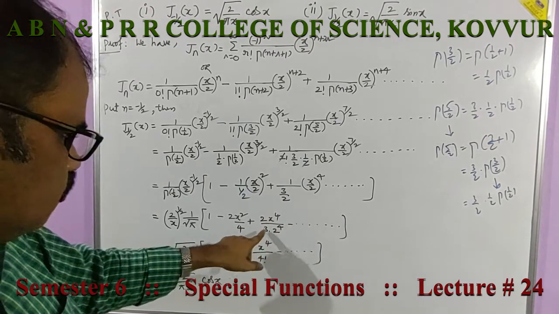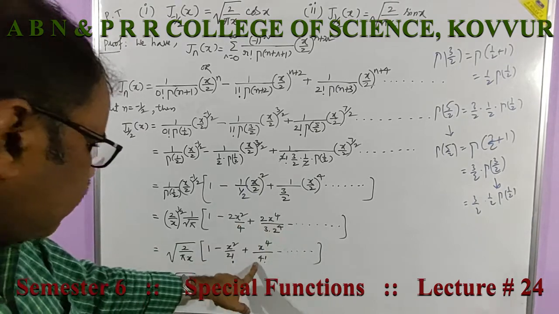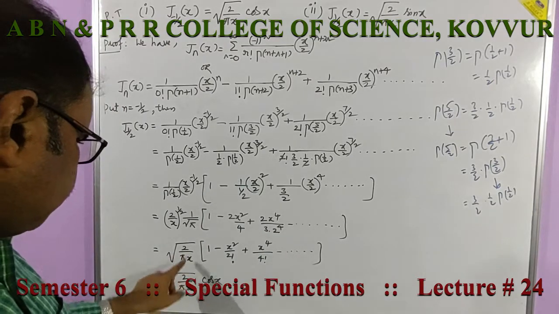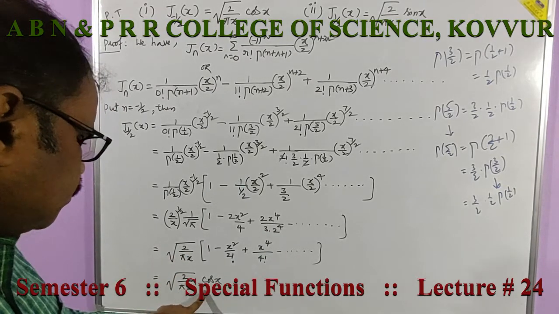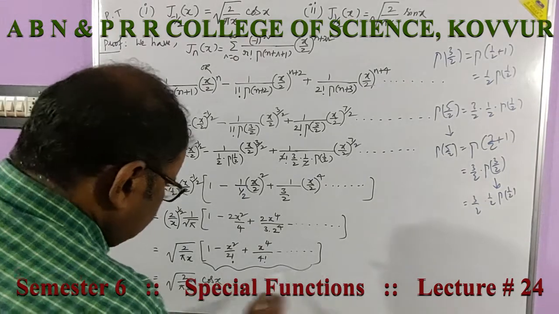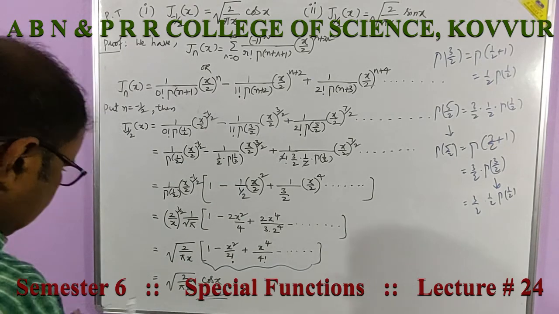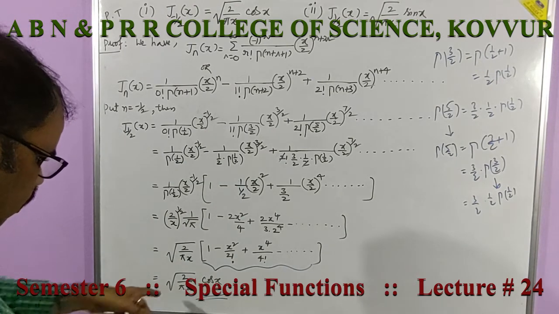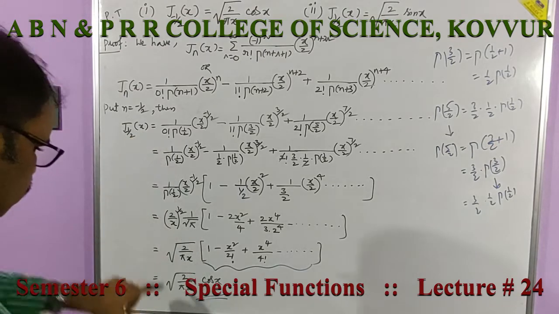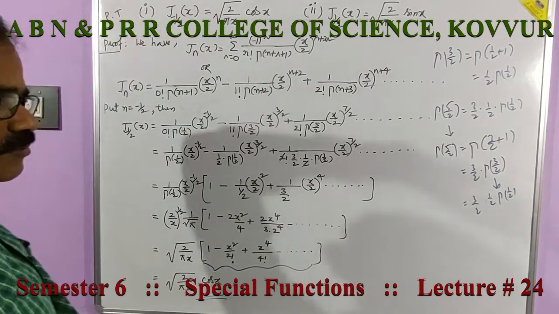So this is 2 cube into 3, 8 into 3 24, that can be written as 4 factorial, x power 4 by 4 factorial and go on. So square root of 2 by pi x into this is the expansion of cos x, therefore we may replace it with cos x. Thus j minus 1 by 2 of x is equal to root of 2 by pi x into cos x.